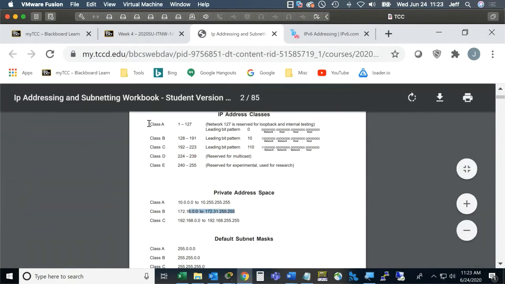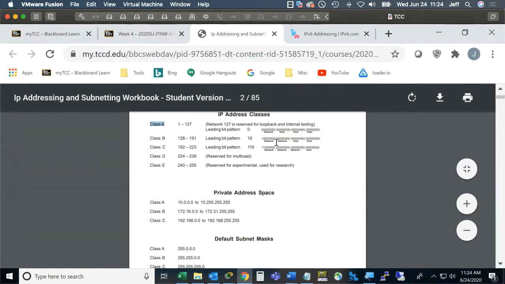The difference is the Class A network uses the first 8 bits, or this first digit, for the network ID, and it has 24 bits for hosts. So it's over 16 million computers, or systems, that you can have on a Class A network.